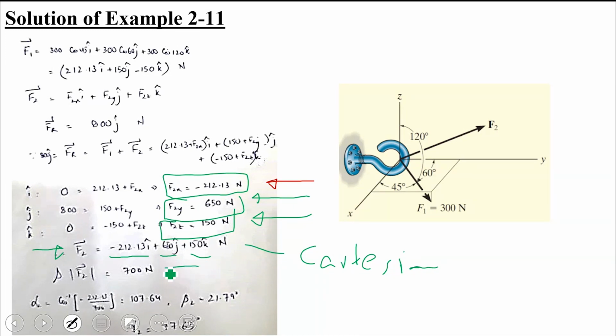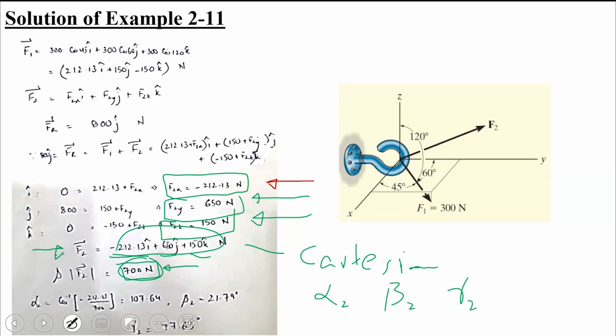The magnitude of F2 would be equal to the square root of 212.13 squared plus 650 squared plus 150 squared. So the magnitude comes out to be 700 Newton. And accordingly, आपके पास vector भी आ गया, उसका magnitude भी आ गया. So now you can determine alpha, beta and gamma, which are basically representing the directions which F2 is making from the positive x, y and z axis.